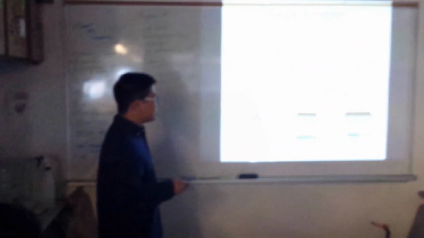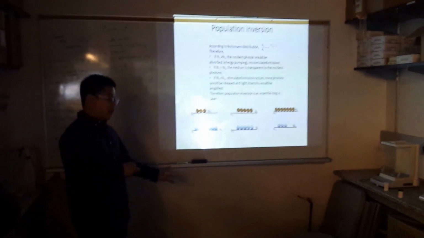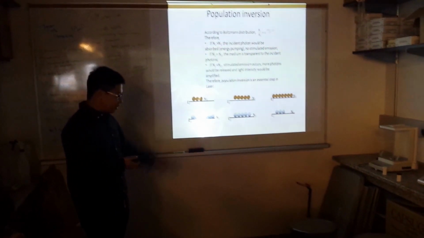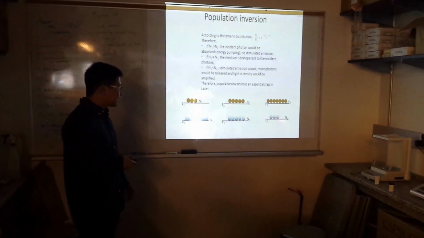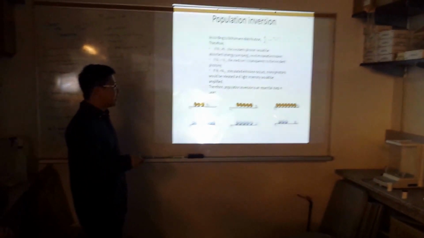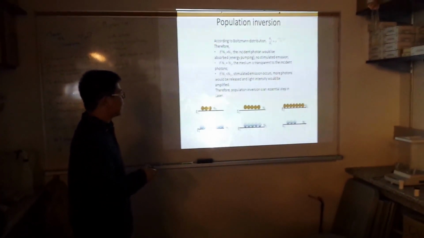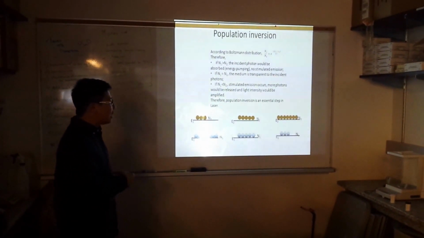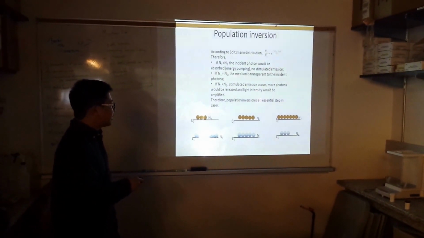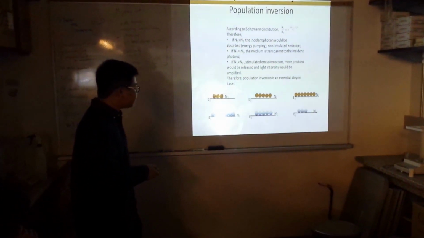But only when N2 is higher than N1 can stimulated emission occur. And because N2 is higher than N1, it's the opposite of the natural population distribution. We call this population inversion, and therefore population inversion is an essential step in a laser.